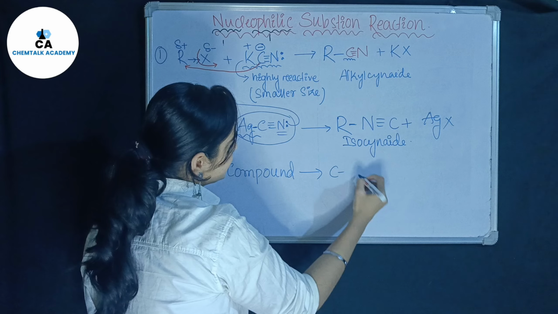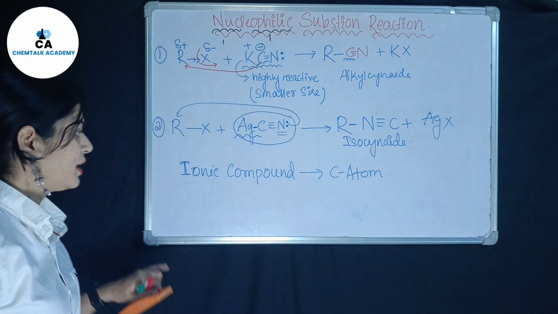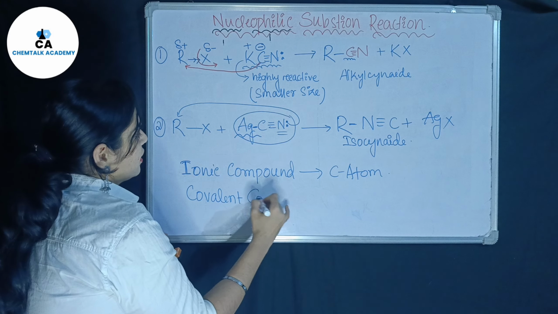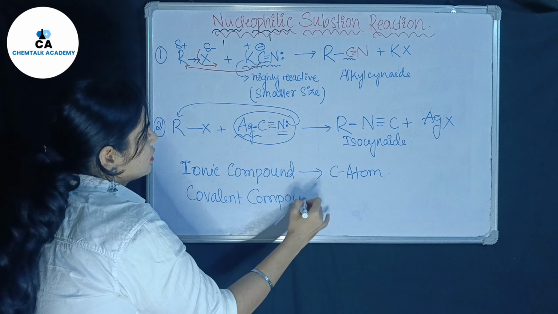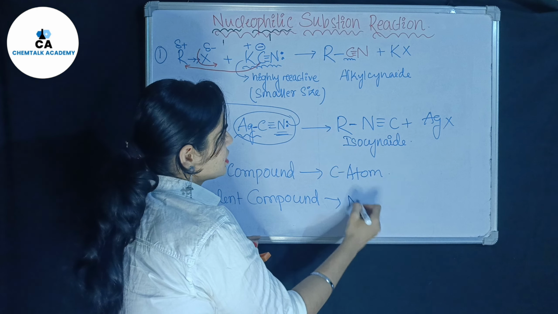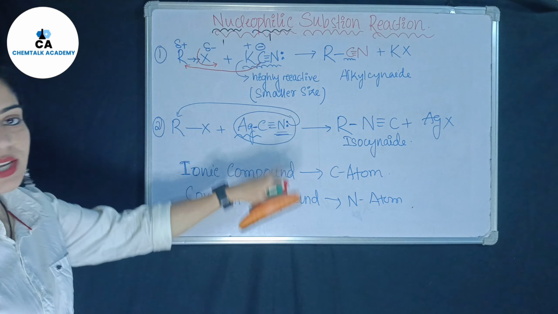Linkage will be from the carbon atom. If it is a covalent compound, then the linkage will be from the nitrogen atom.